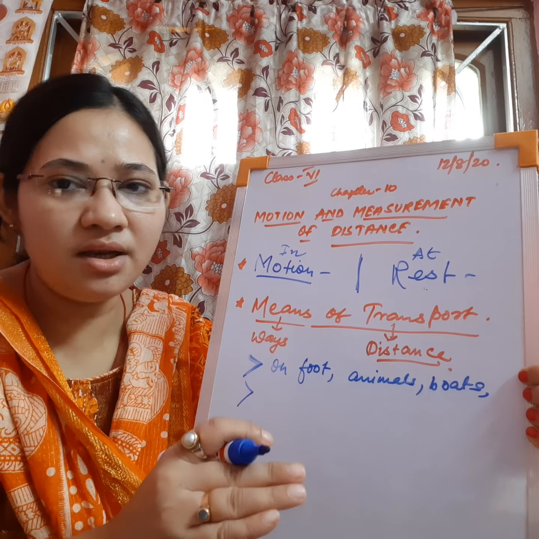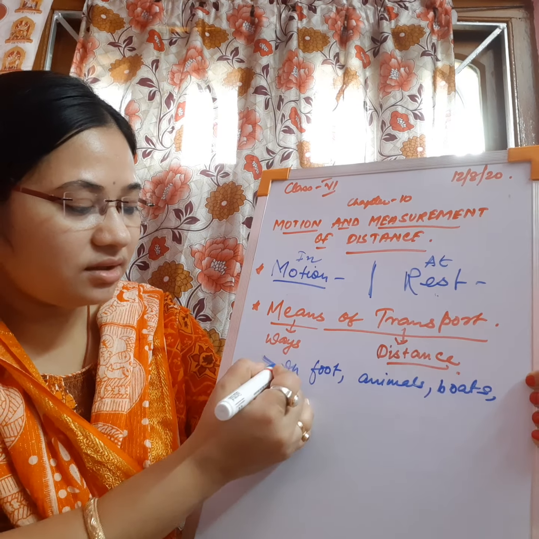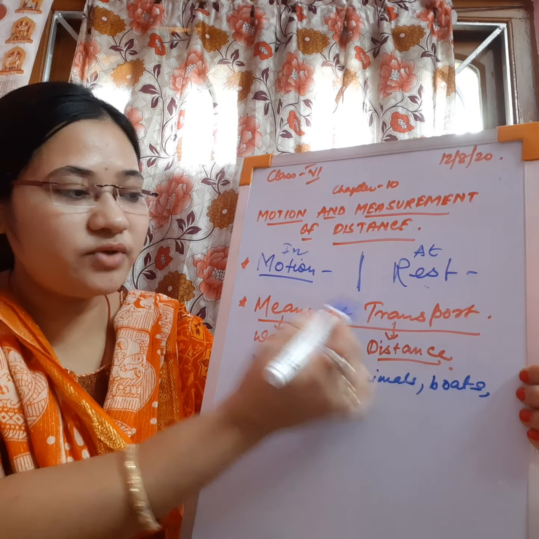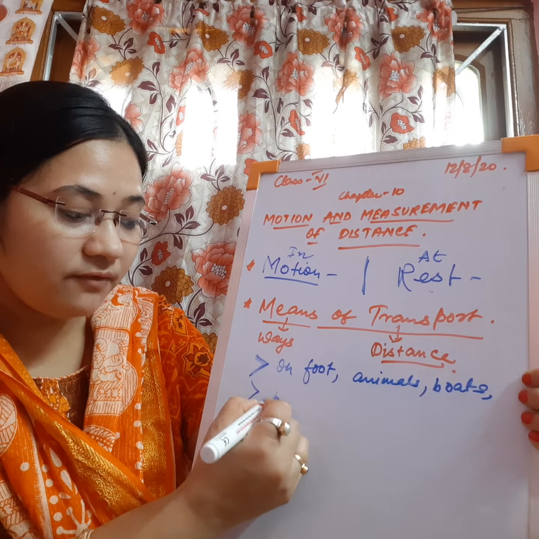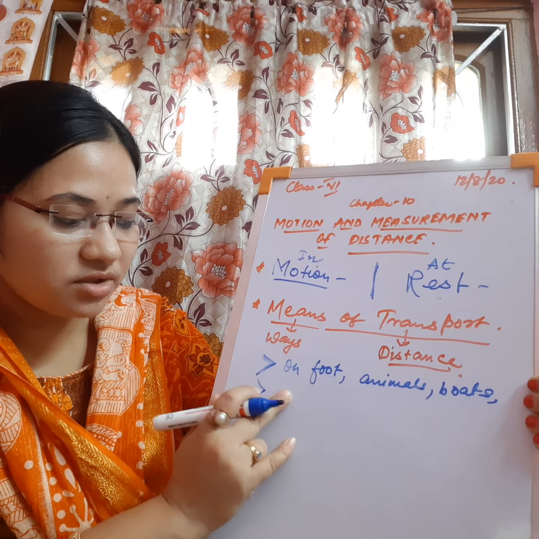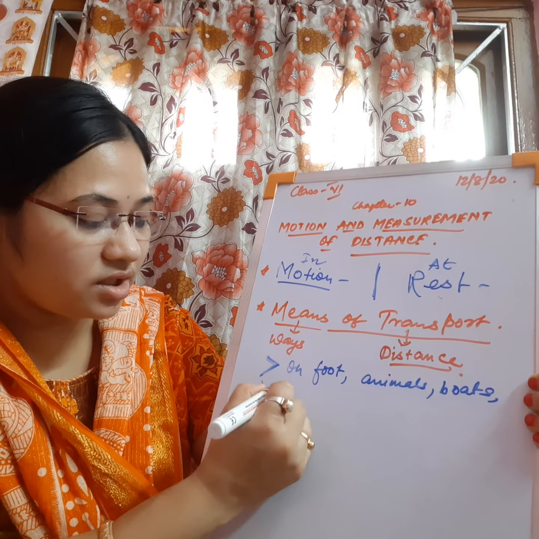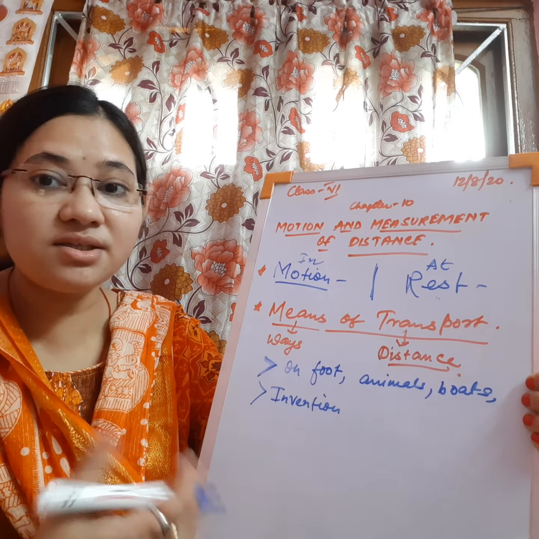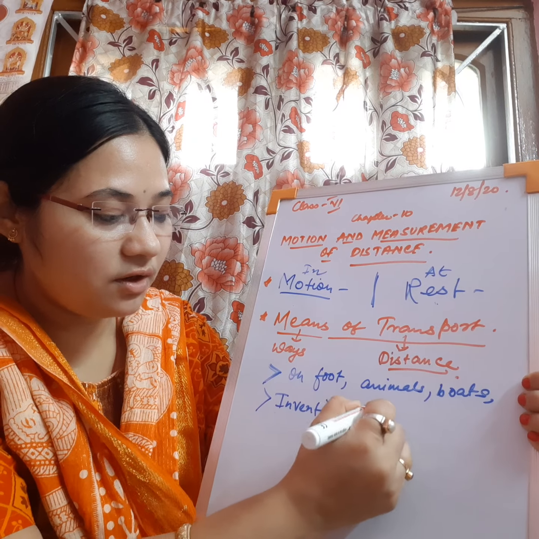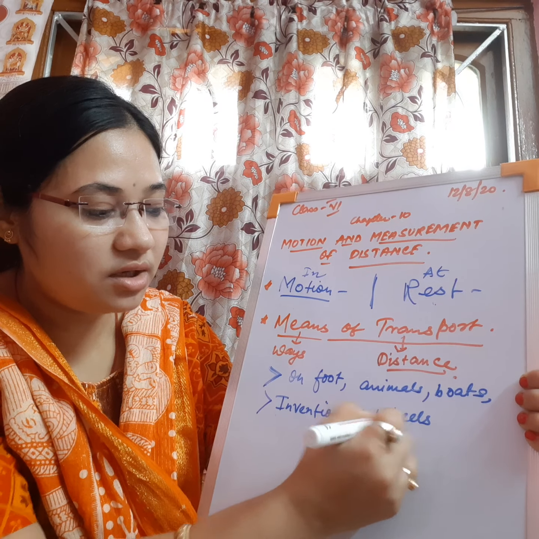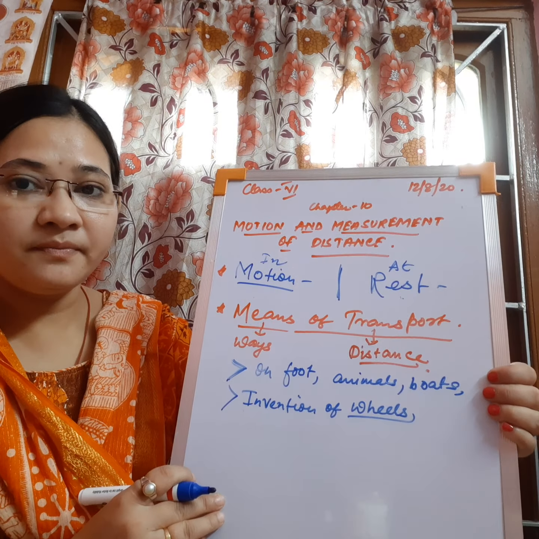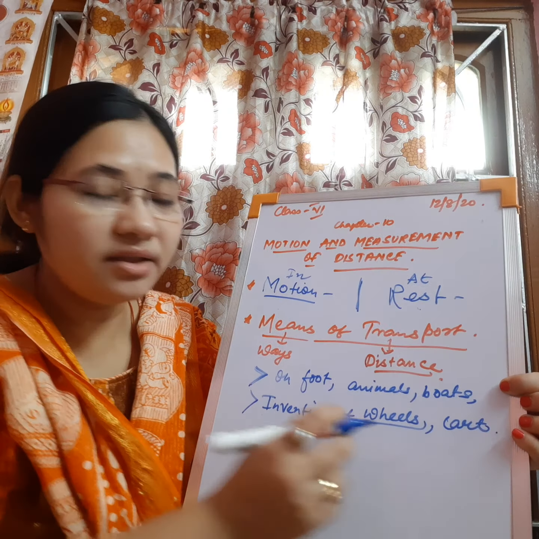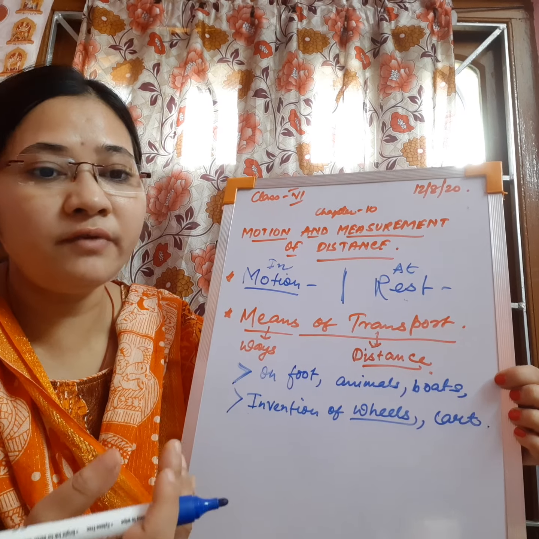Then in middle age time, there was a little more improvement in the means of transportation because of the invention of wheels. Invention means to create something new. Because of the invention of wheels, very important, they could connect these wheels to bullock carts and horse carts, and they used to move from one place to another very easily.